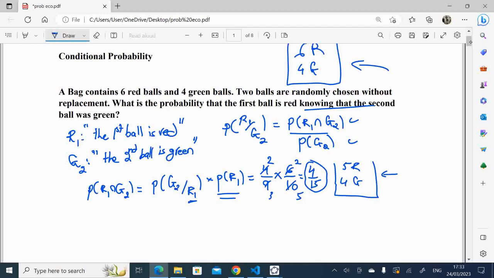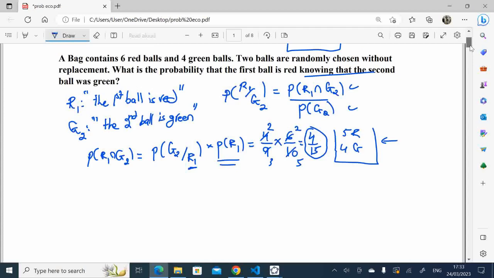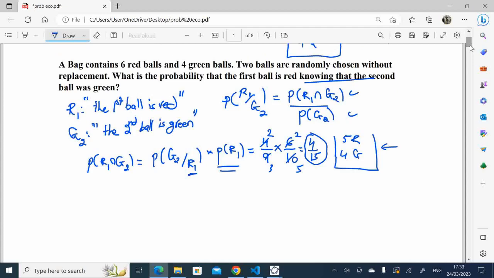Now how to find P of G2? It means I need the second ball to be green. We have 2 possibilities to select the second ball to be green. We may have P of R1 intersection G2, plus P of G1 intersection G2.